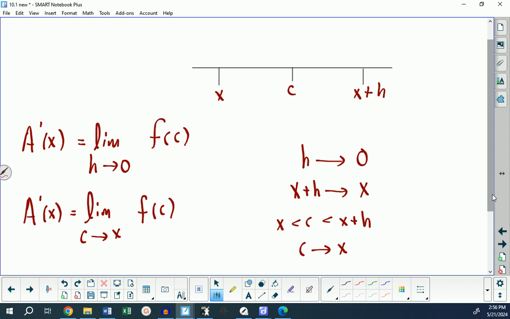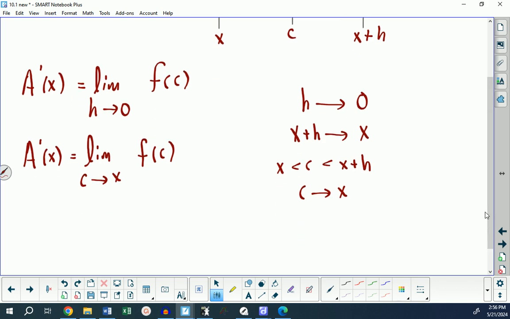Which means the limit as c approaches x of f of c is f of x. We're putting in the value that c is approaching. It's a little bit weird because normally limits are x approaching a number and you put the number in. This time it's c approaching x, so we put x in.